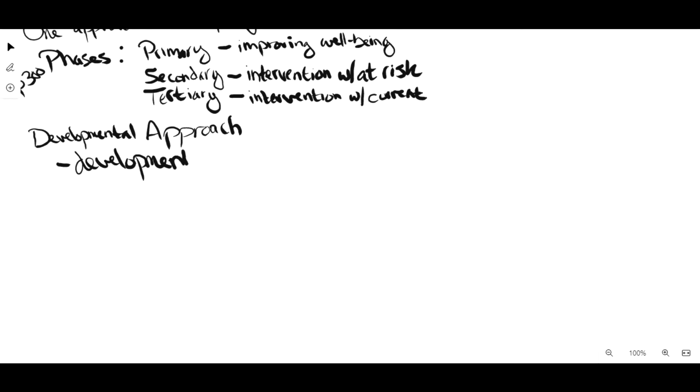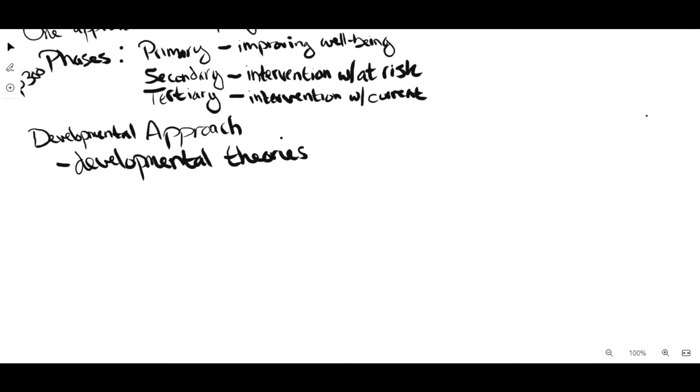We've talked a little bit about these before. Not necessarily the theories, but concepts like there are key moments throughout individuals' lifetimes where impact and intervention can make a difference. This is one of those things that comes from developmental approach and developmental theories.